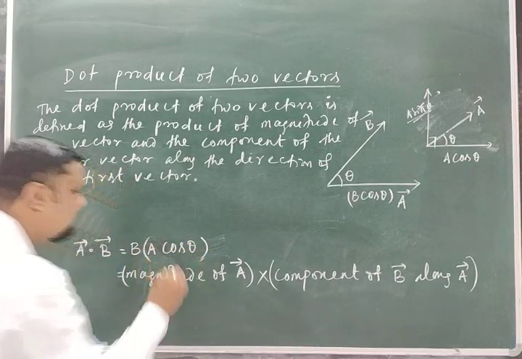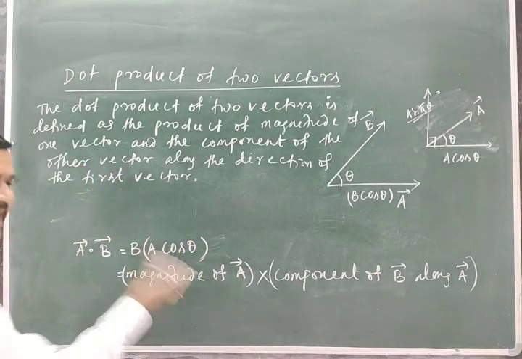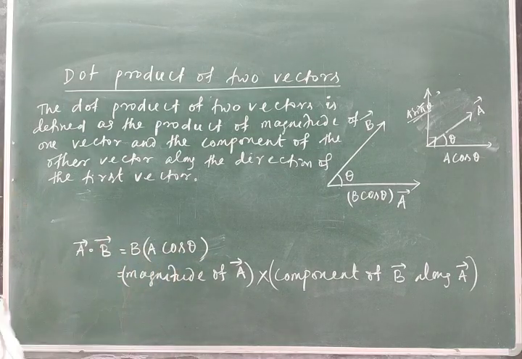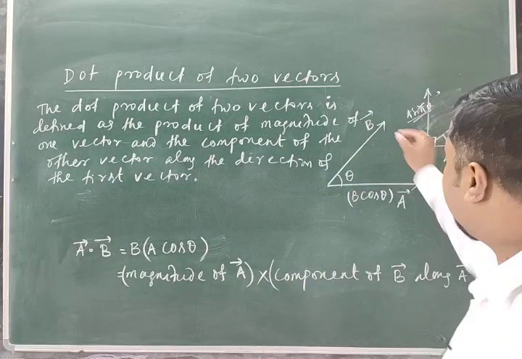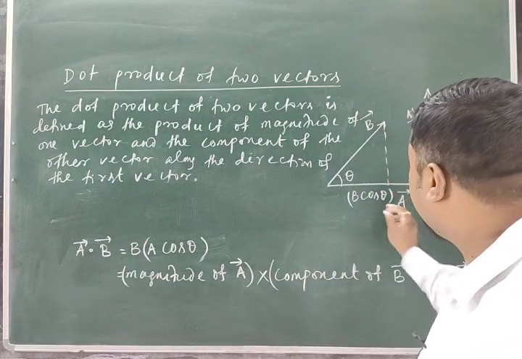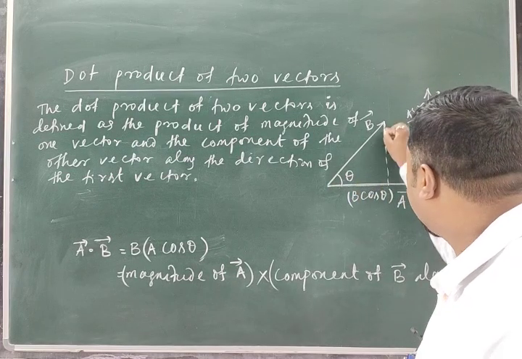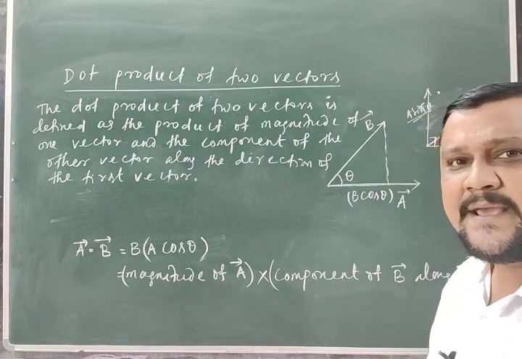This is also true, because A, B, cos theta are scalars. So if I draw a perpendicular here, this is your B cos theta.